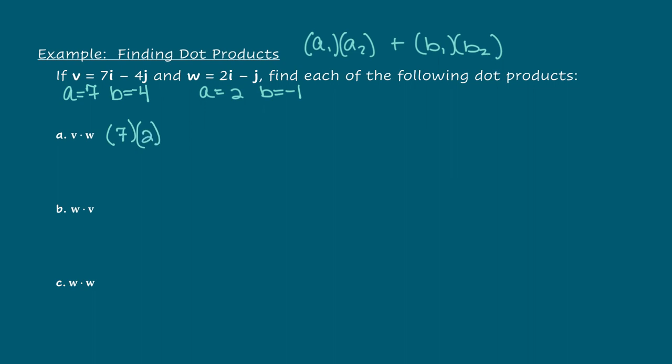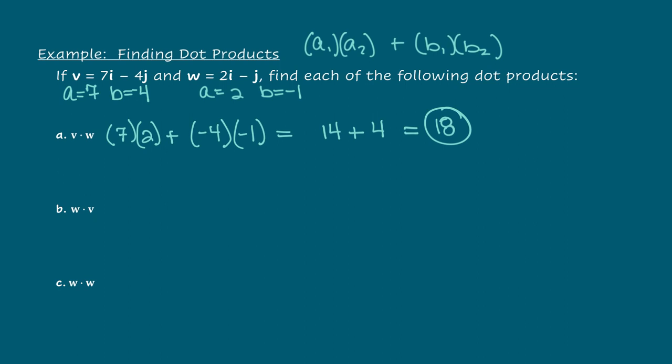To that I'm going to add the b products. My first b is -4, and my second b is -1. Doing that multiplication, I end up with 14 for my first product. My second product is +4. So I end up with a dot product of 18.